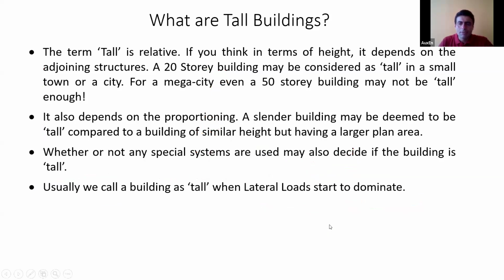Mr. Chenmai is saying in a G+10 building, the lateral loads are dominant loads. So can we say that building is tall? In G+10, generally, if you see the plan size, if it's not very slender, if you compare the width of a G+10 with the overall height, yes, we design for lateral loads, but I'd like to explain what I mean by dominate.